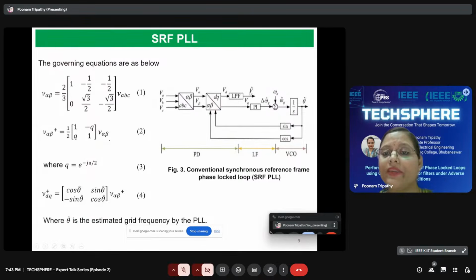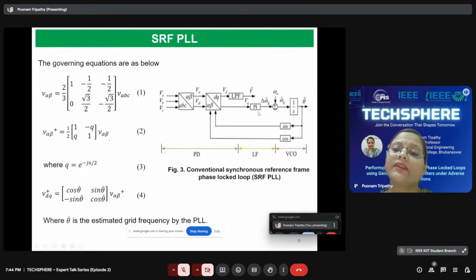And here the V cap and VQ must be equal to 1 per unit and 0 per unit in order to determine the efficient operation of a PLL. Once the phase angle or the quadrature voltage component is achieved, as we are going for the locking of the phase angle, we are going for the locking of the VQ, that is the quadrature phase component of the voltage determining the phase angle.